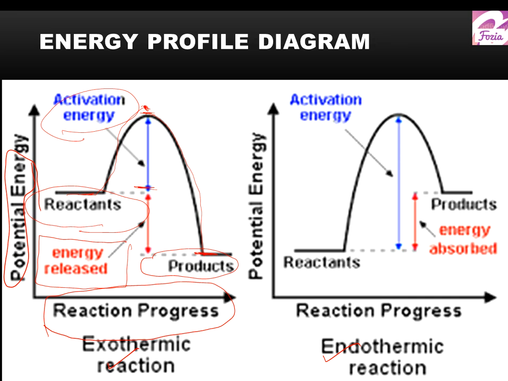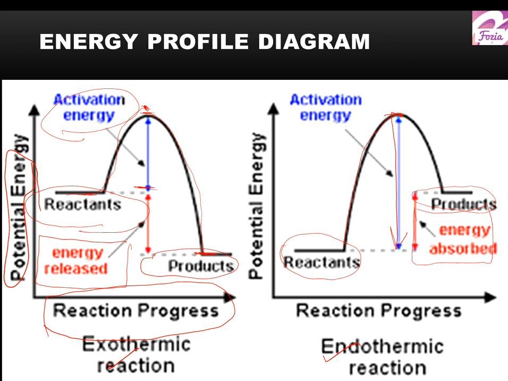And here you can see for endothermic reactions, the reactants have relatively lower energy compared to the products, and energy is absorbed during the course of the reaction. Here the reactants are activated to the transition state. This energy difference is the activation energy.